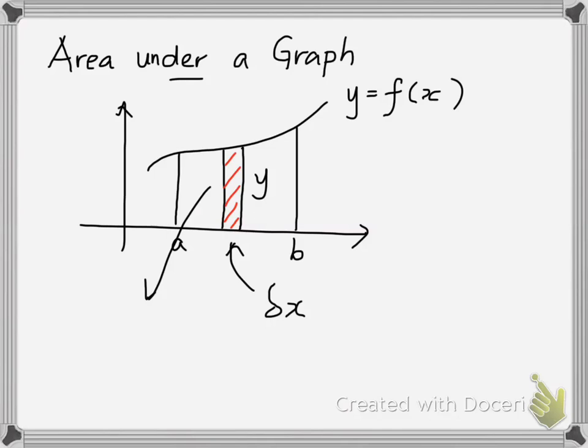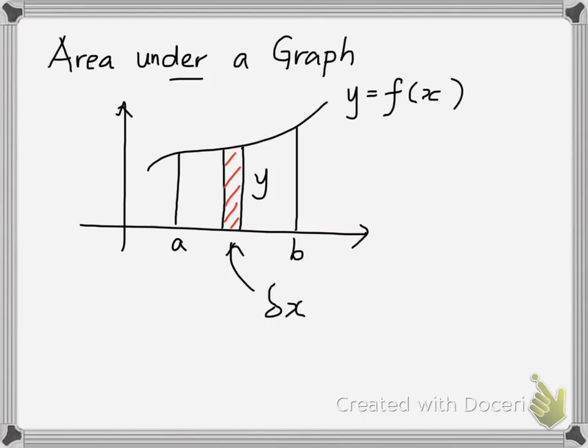Because this strip is extremely small, everything should look flat. If everything looks flat, it looks like a straight line. If it is a straight line, then what shape is this? It is a rectangle. Agreed? So it is a rectangle.